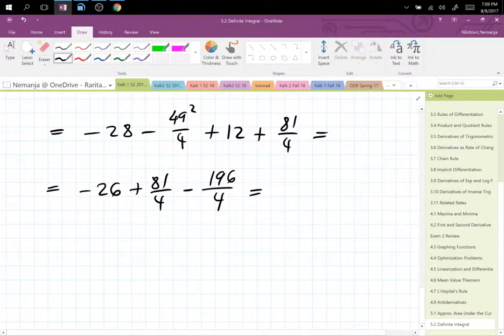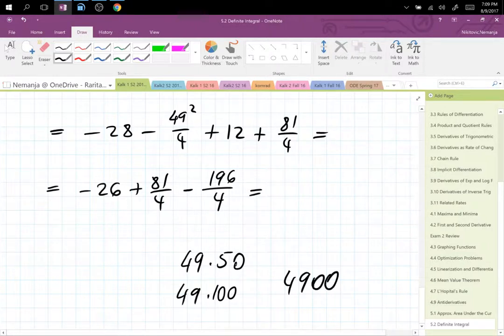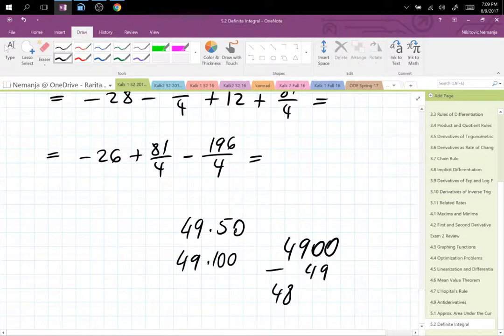What happened? I said 49 squared. Wait. 49 times 50 is the same as 49 times 100 over 2. 49 times 100 is 4900. Minus 49 is 4851.